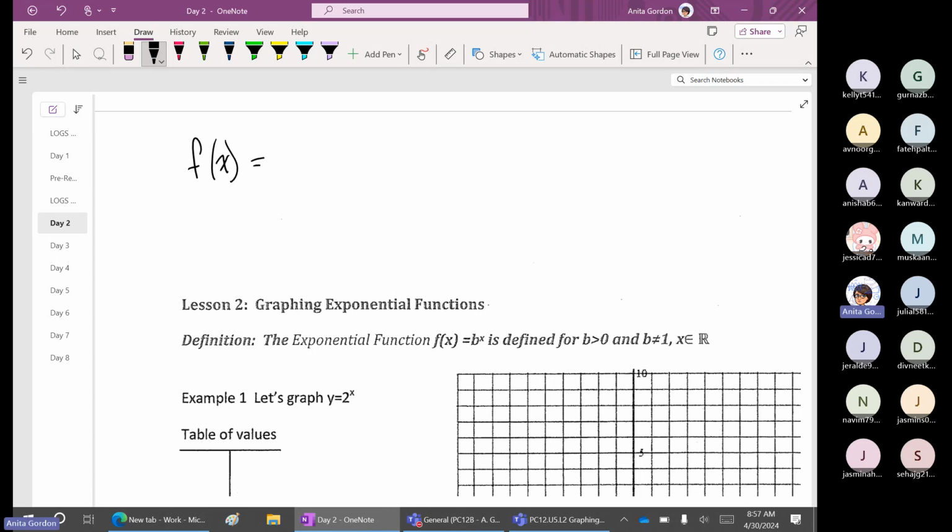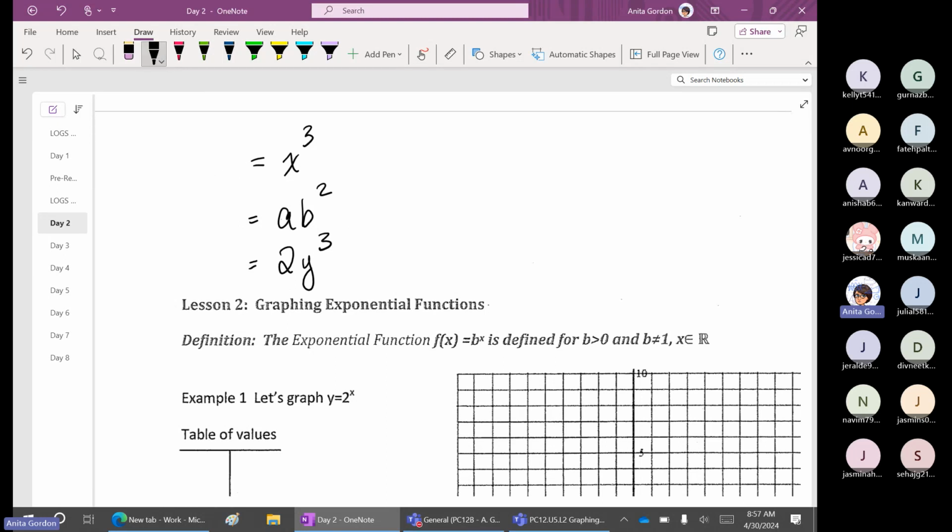F of x equals x to the 3, or ab squared, or 2y cubed, or something like that.